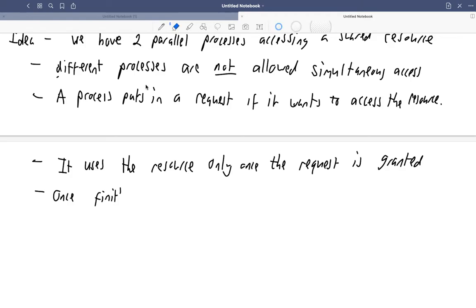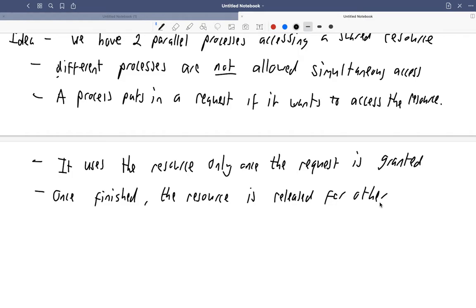Once finished, the resource is released for other processes to use. Of course, we've only got one other process, but actually the same process might want it back, so it could also be the same process again.